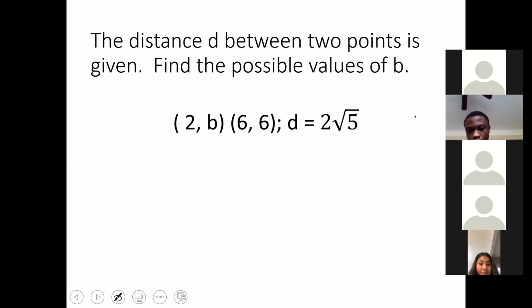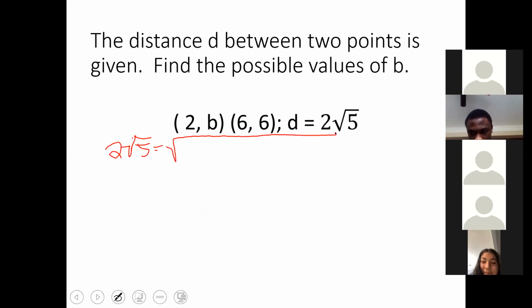So the same thing here. We have 2 times the square root of 5. It's going to be equal to all of this. And this is our x1, y1, x2, y2. So we're back to just plugging it in.